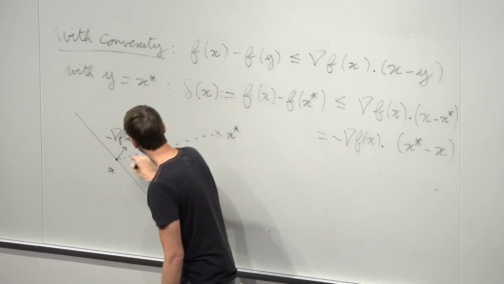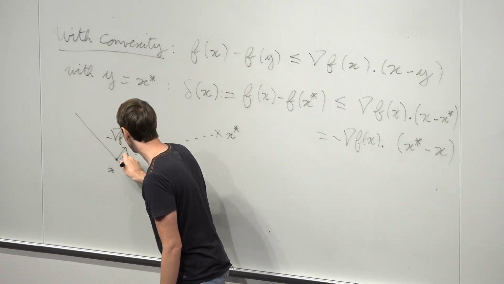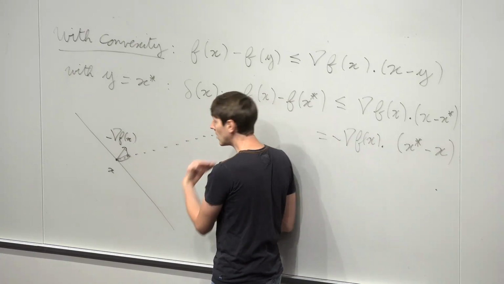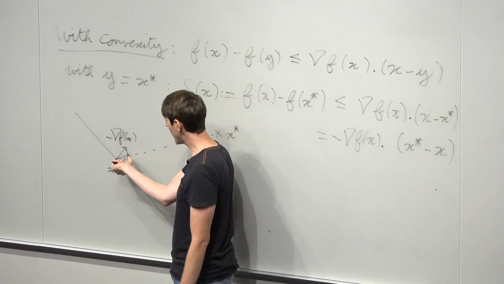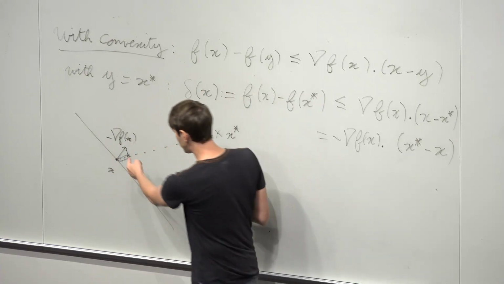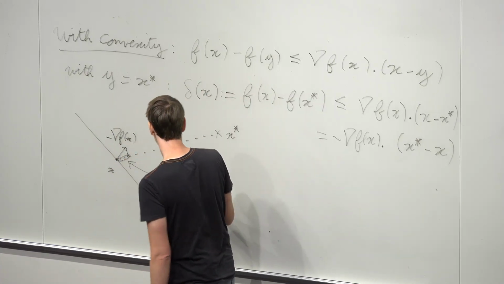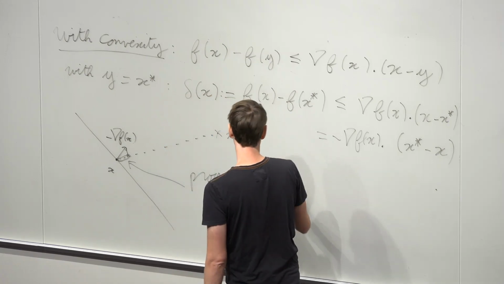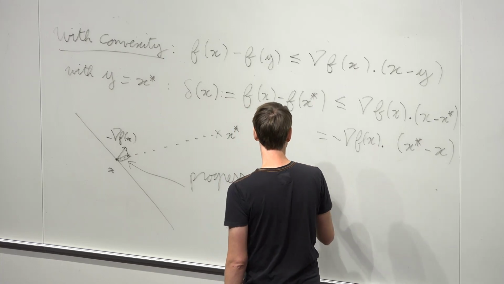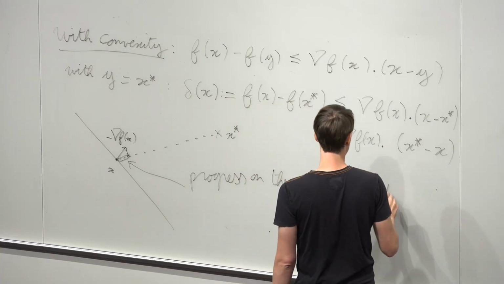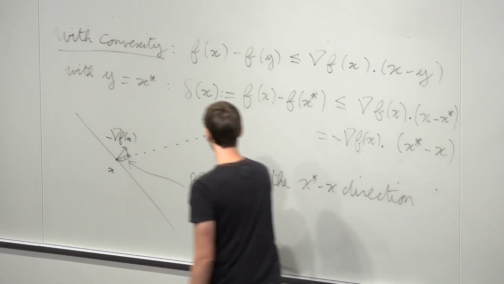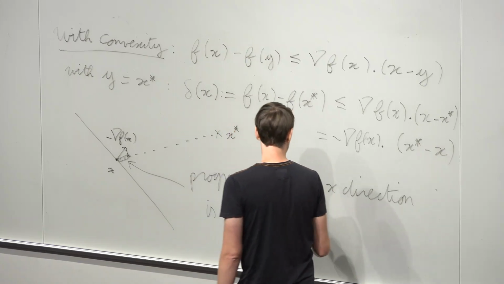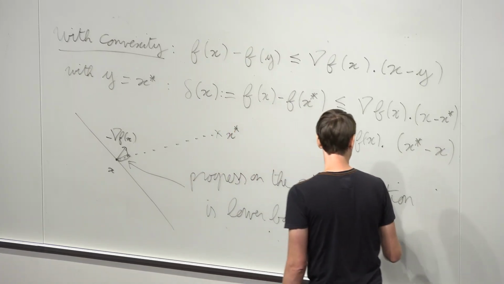And what is this inequality telling us? This inequality is telling us that this projection, the progress that I make on the direction to x star, is lower bounded by the suboptimality gap. This progress on the x star minus x direction is lower bounded by delta of x.